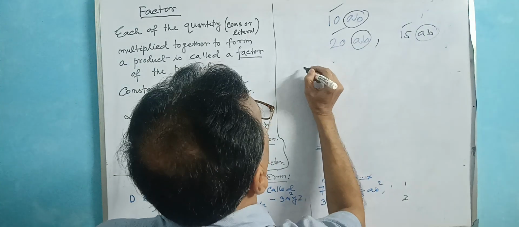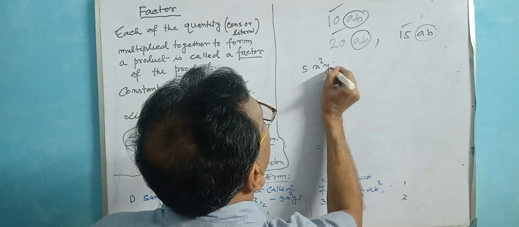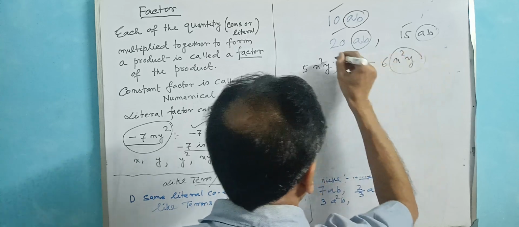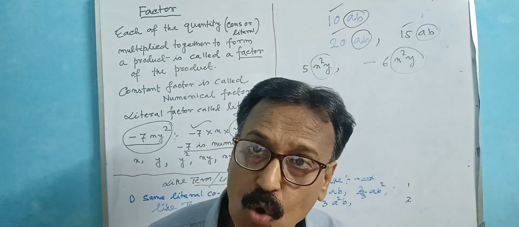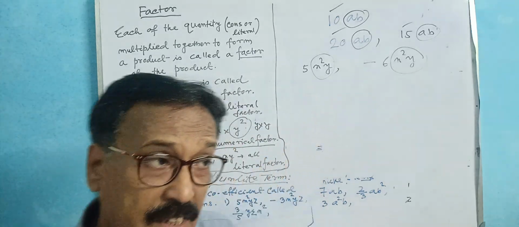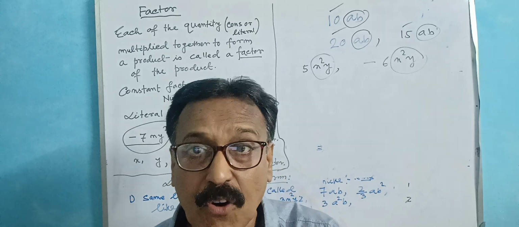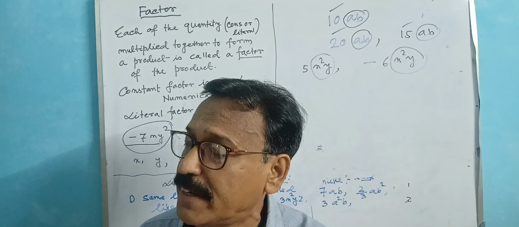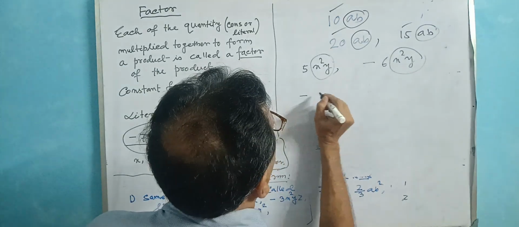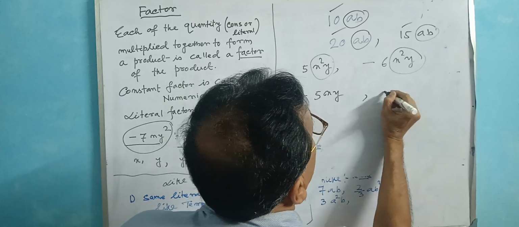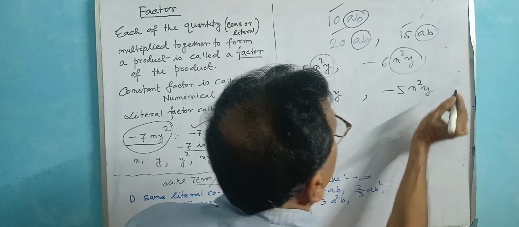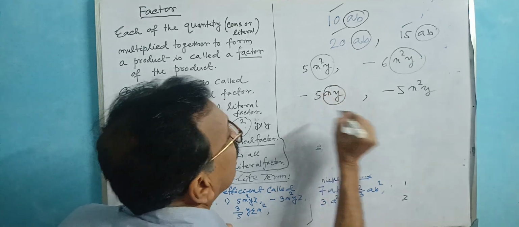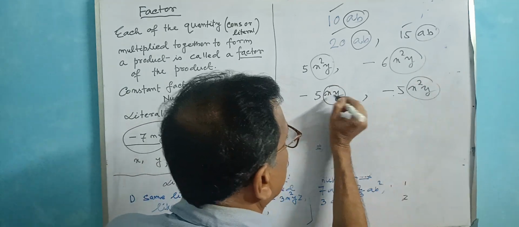Same thing. Suppose 5x square y. What is the like term? Suppose minus 6x square y. The literal parts are the same. These are called the like term. This concept must be clear. This is very important information, in case of the addition and the subtraction. So if this is 5xy and this is minus 5x square y, no, because this is x square y, this is xy.